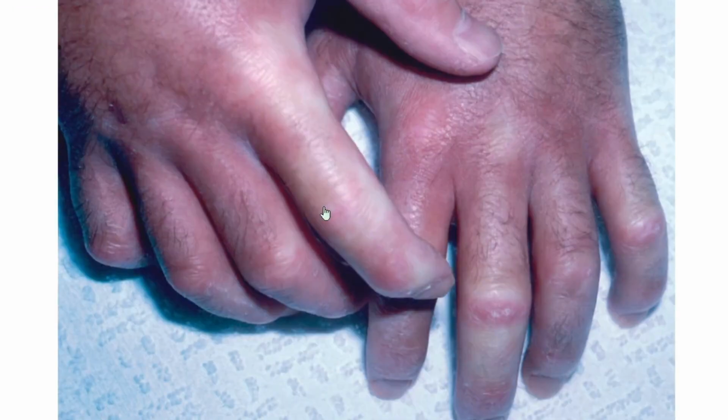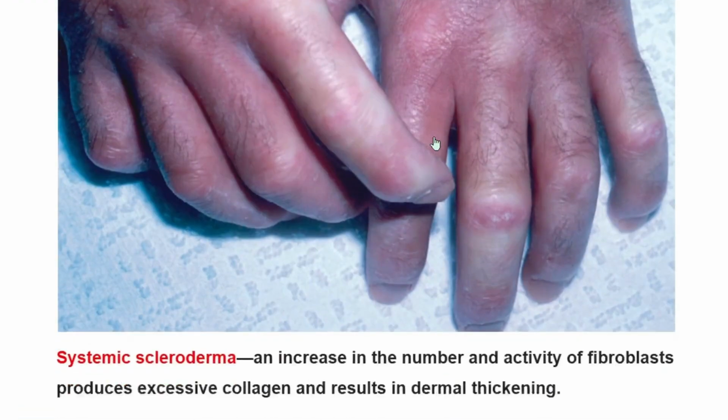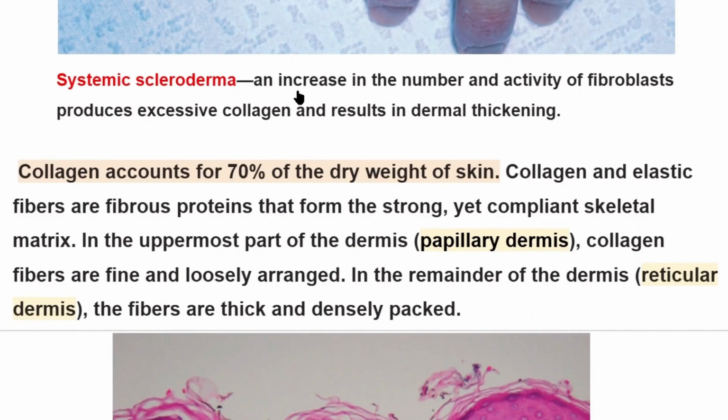Dermal fibroblasts are important in systemic scleroderma. Here we have a patient with systemic scleroderma. In systemic scleroderma, an increase in the number and activity of fibroblasts produces excessive collagen and results in dermal thickening.